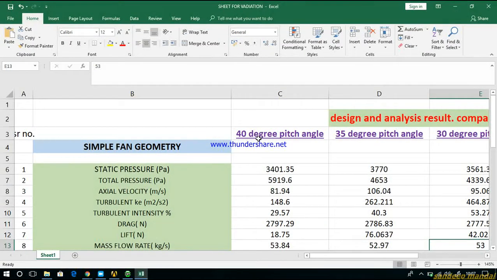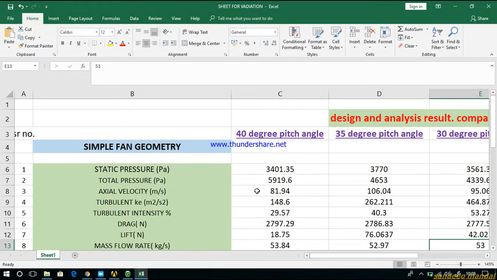As you decrease the pitch angle, the turbulence intensity percentage and the turbulence are increasing. So our conclusion is that we have to create lower turbulence. The 40-degree pitch angle is the optimum ratio, so that our noise level is reduced. But for different types of fans, such as the fans used on drones, there will be a bigger effect.